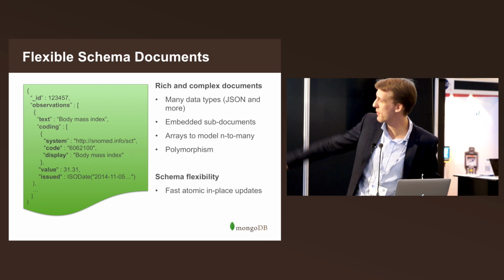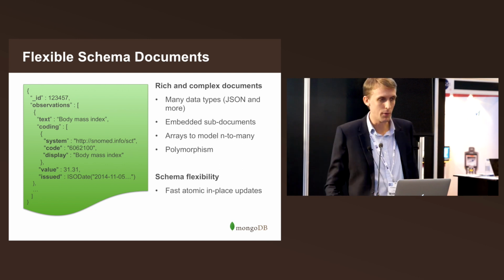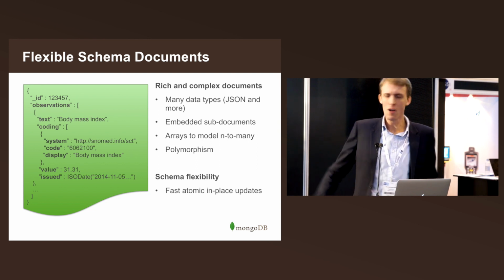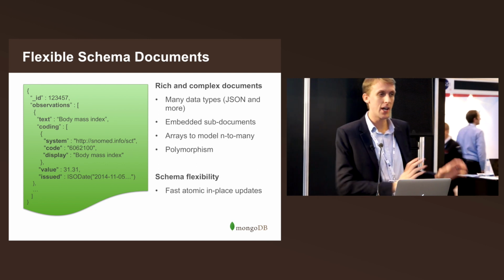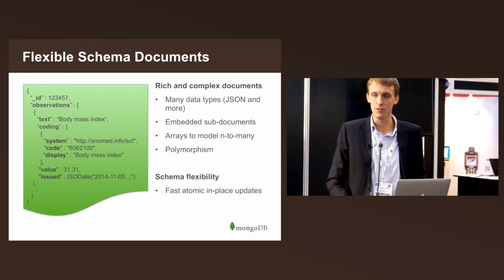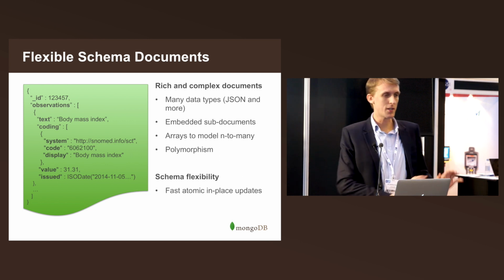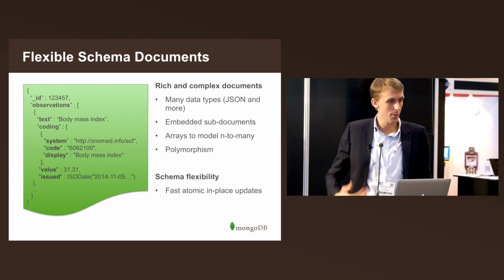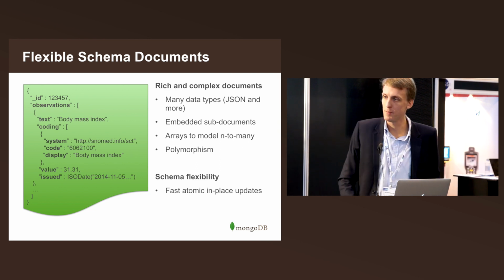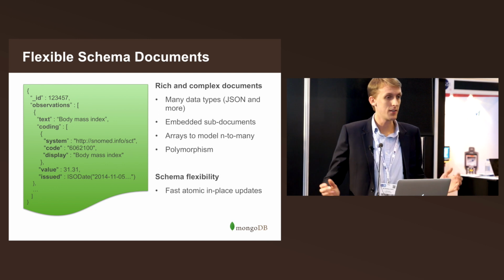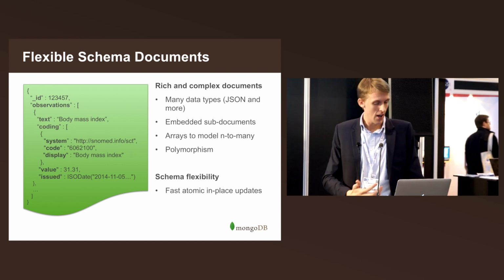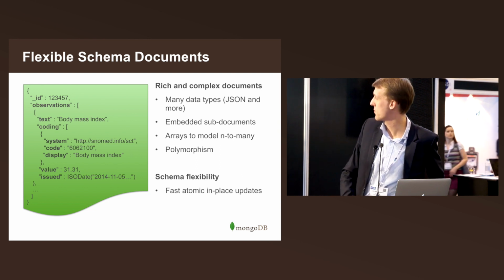You can probably see here, for instance, I've got an example of some observations that I've made for a patient. Of course, there are many observations, but rather than put these observations in a separate table and then have the cost of joining it up later, we don't think that makes much sense. We think it makes sense to put it in place. And this gives real performance advantages later, not least because we can store this in the same place on disk, and we can store this on the same server. This helps us to scale later, as you'll see.